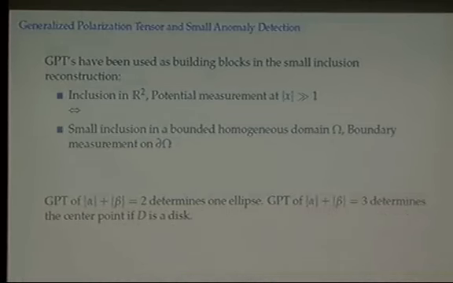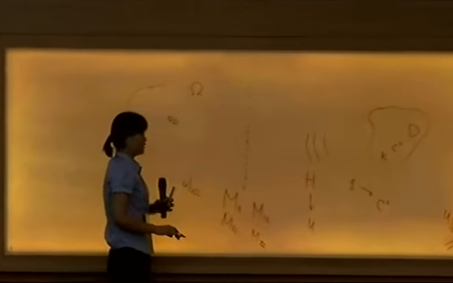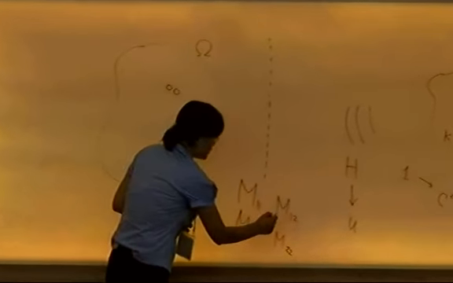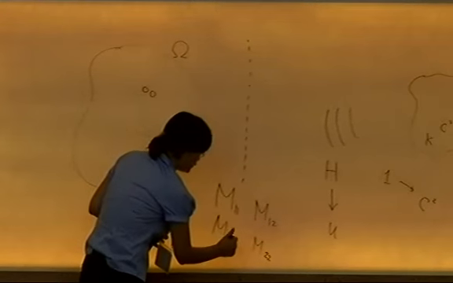You measure on the boundary omega, you measure the far field data. Then for alpha plus beta equal to 2, you have M11, M12, M21, and M22. And there is some symmetry, so M21 is the same as M12.